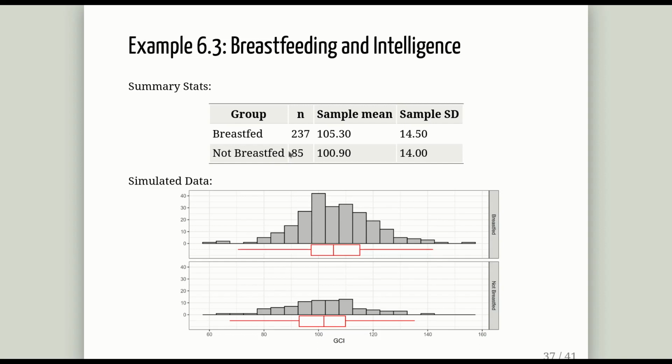Okay. So we've got our data. The next step would be to, let's say, compute a confidence interval. Let's estimate the size of that difference in group means instead of graphically kind of eyeballing it.